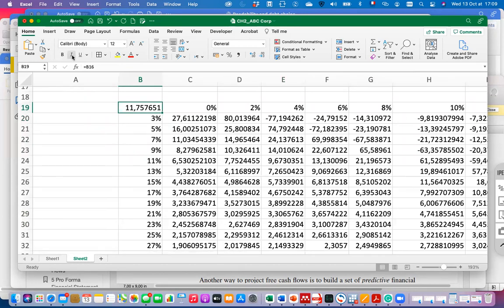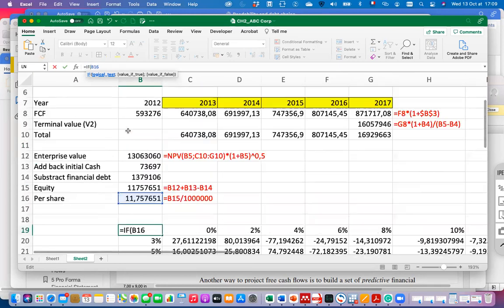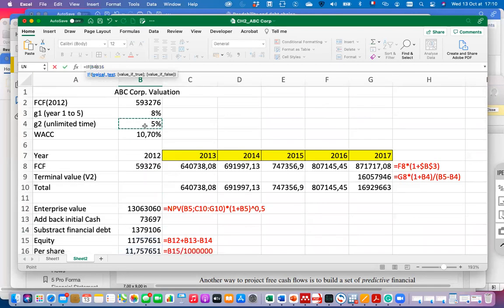So we go here, to our main function where I put B16, and I will replace it with the IF function. The IF is a logical function in Excel, which will give you certain values if you respect one condition, right? So IF G2 less than the WACC, semicolon, then you display B16.